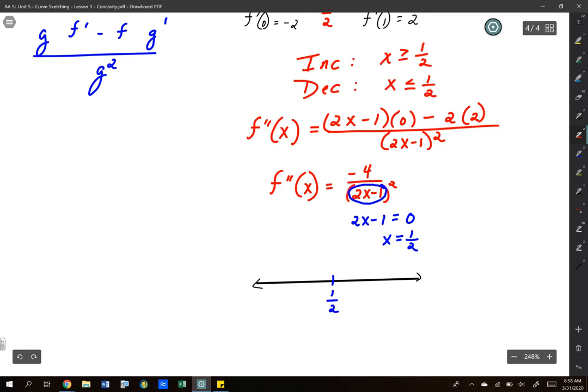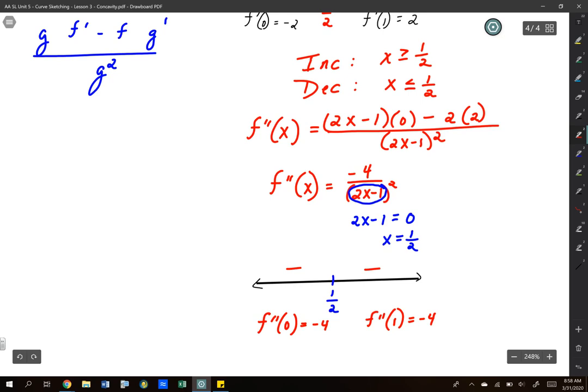And I think I will use what I used before. Just use 0. We put 0 into that second derivative, we're going to get -4. And if we put 1 into our second derivative, we're going to get -4.